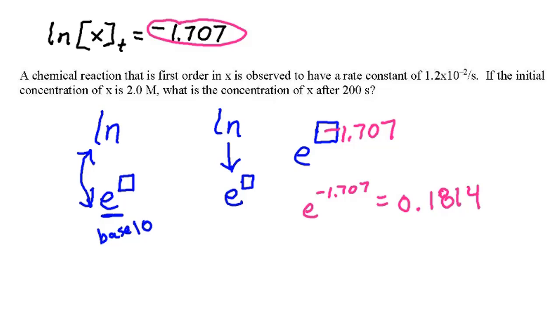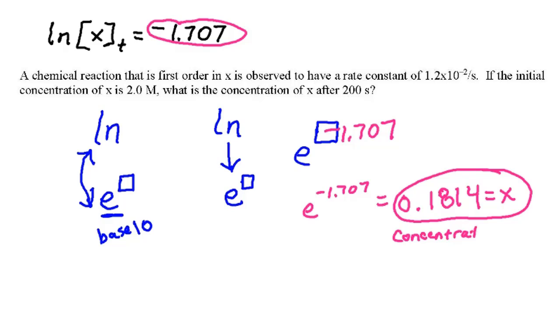So 0.1814 equals X. And that is the concentration, which is the same thing in this case as molarity, of the reactant that we are calling X.